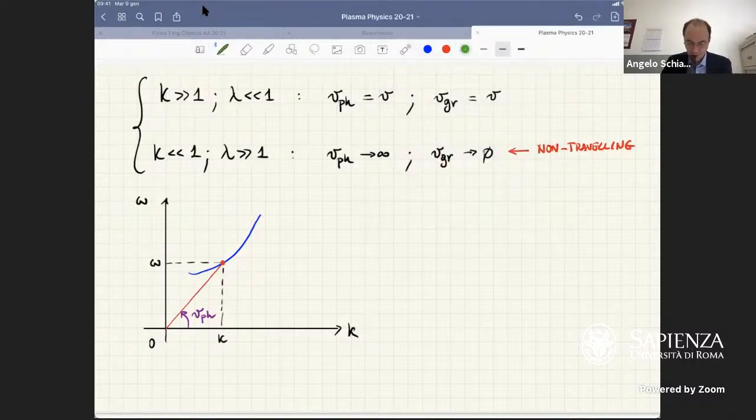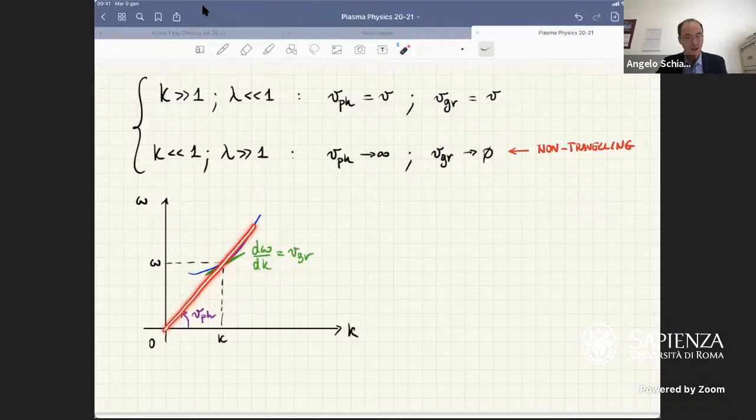The group velocity is the slope at the given point. So this is d omega over dk, and this is the group velocity. You see in this case that the slope of the phase velocity is larger than the group velocity, and the two are different slopes.